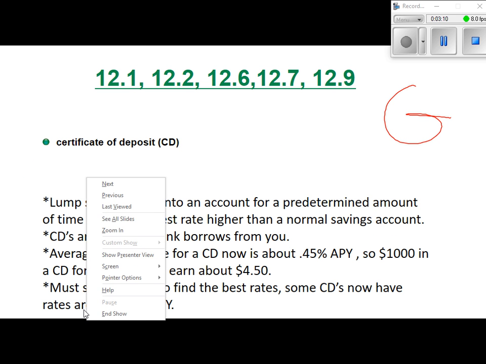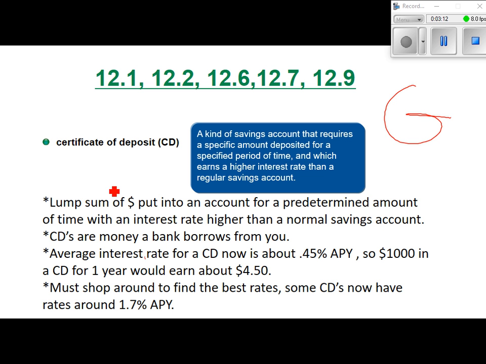Next one, the first kind of investment that we're going to talk about is a certificate of deposit, a CD. A CD is a kind of savings account that requires a specific amount of money deposited for a specific period of time. And once it's in there, it's locked in for that amount of time.